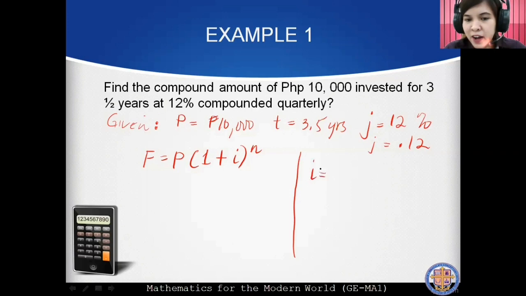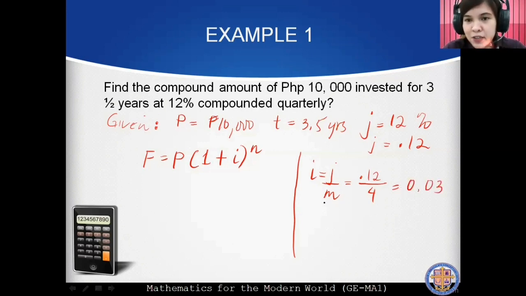The formula for I is J divided by M, where J is our compound interest rate and M is our conversion period, the one that I have already discussed in a given table. Our compound interest rate is 12%, so 0.12 divided by M. What does the problem say? Compounded quarterly. How many divisions when compounded quarterly? That's 4. So, 0.12 divided by 4 is equal to 0.03.